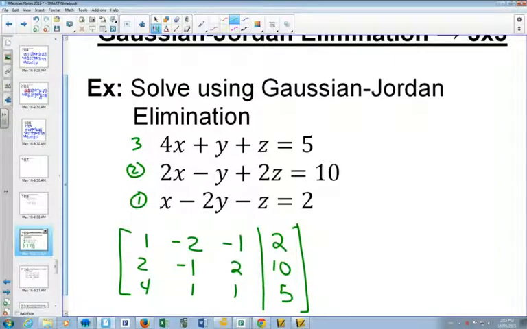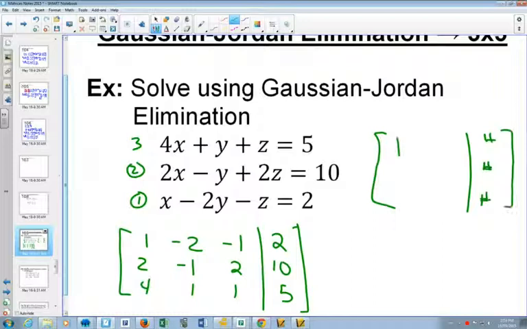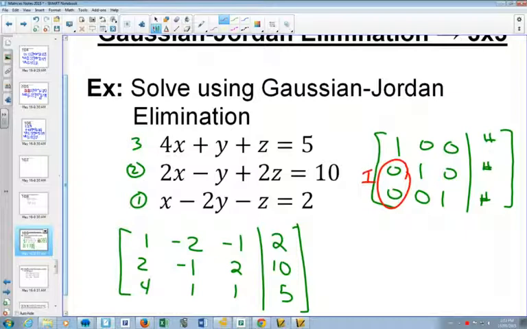So again, our goal is to get numbers here in the end, and an identity matrix over here. Now, as far as ordering things, just like we did with the Gaussian elimination, we got these zeros first.